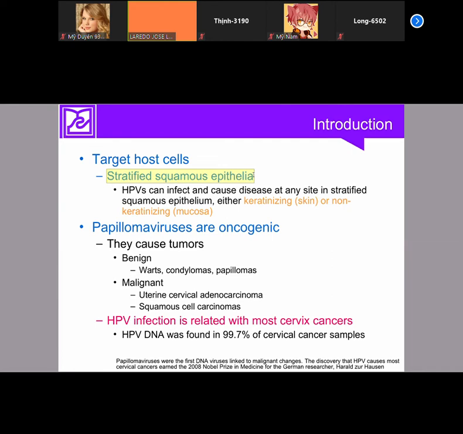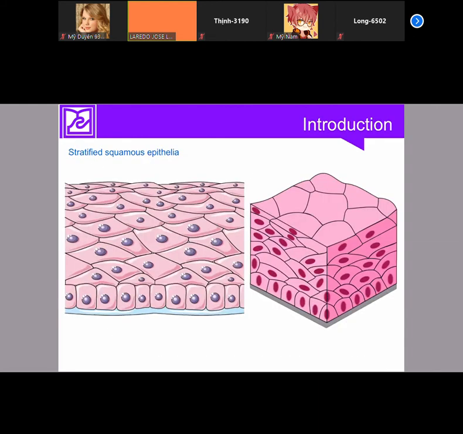Next year, maybe. These epithelial cells are found in the skin and in mucosas. The target host cells infected by papilloma viruses are stratified squamous epithelia, in the skin or in mucosas.